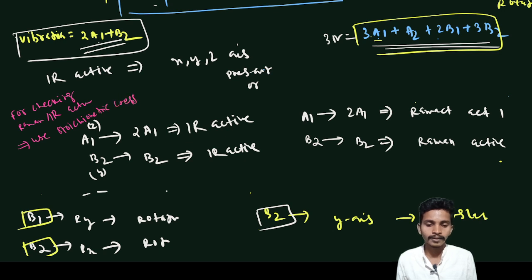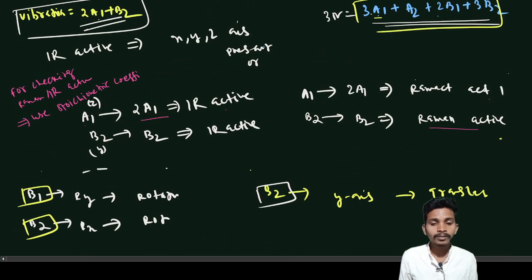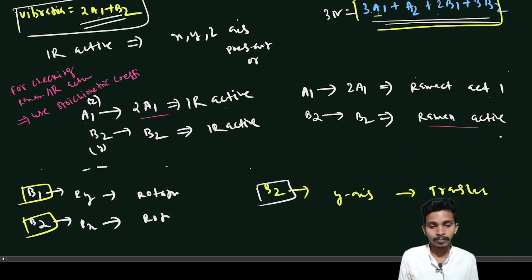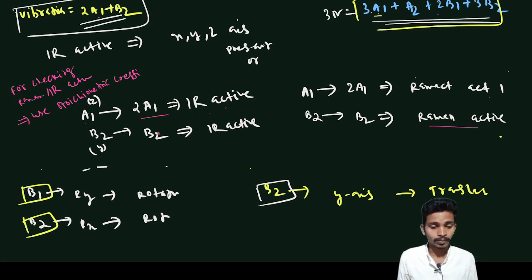So here A1 is active, means 2A1 are IR active. Similarly B2 is active, so B2 is IR active. Here A1 quadratic functions are there, then this is Raman active. Similarly for B2, quadratic functions are also there, then this is again Raman active. Okay. So for both IR and Raman active: this is also IR active, this is also Raman active.